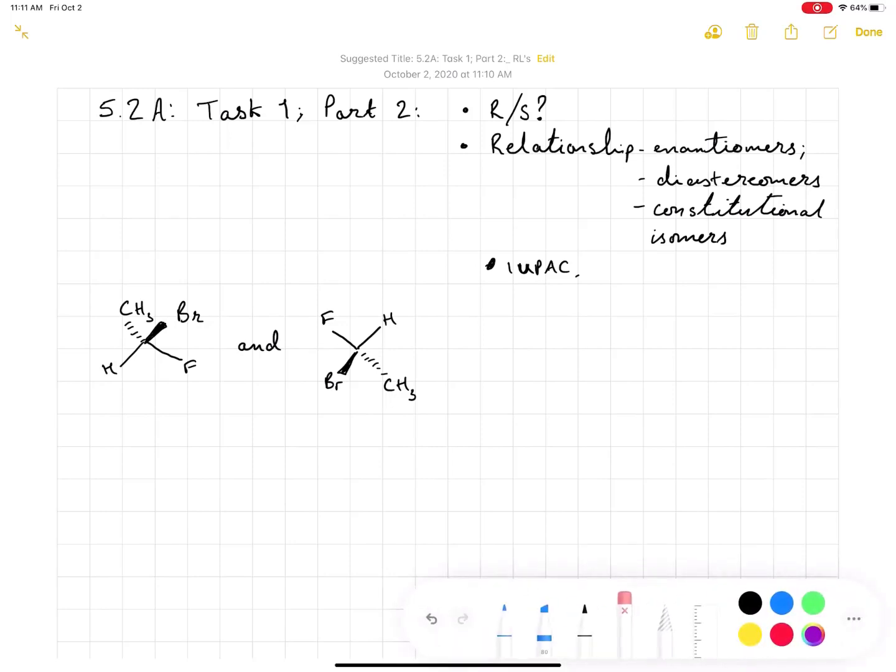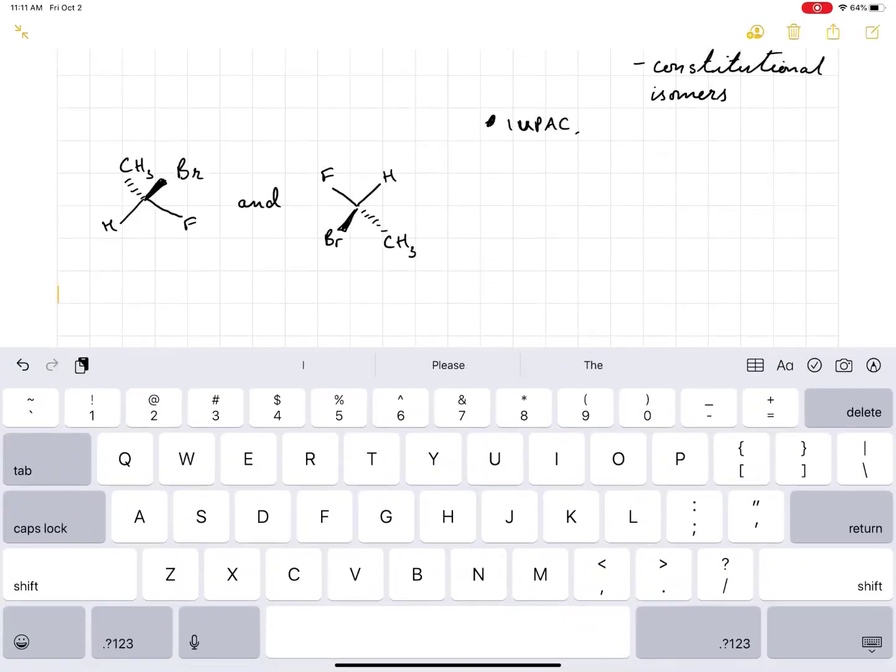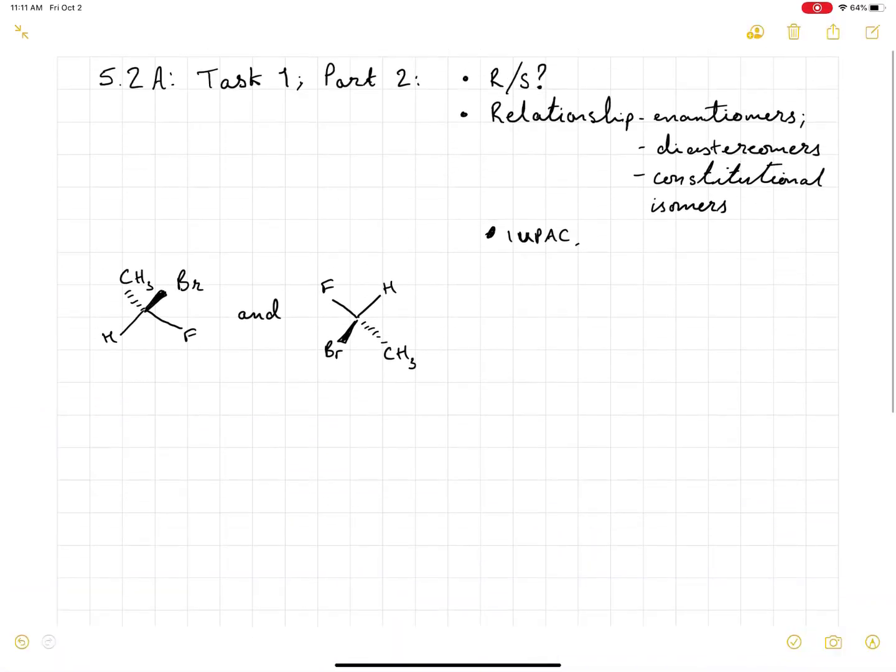So, okay, firstly, one of the things to notice about this particular molecule is that the H is neither in either of them on a dashed wedge or on a solid wedge.